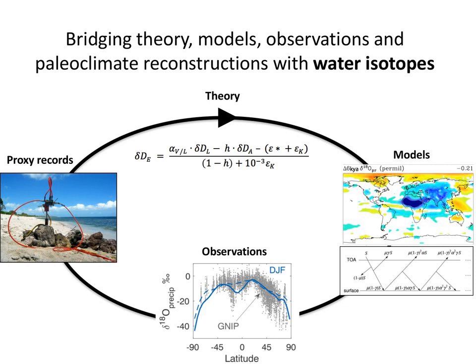Each component of this system informs the others, and therefore the tools that we have to make these comparisons between these realms are really important and have been moving along quite rapidly in recent decades and years.